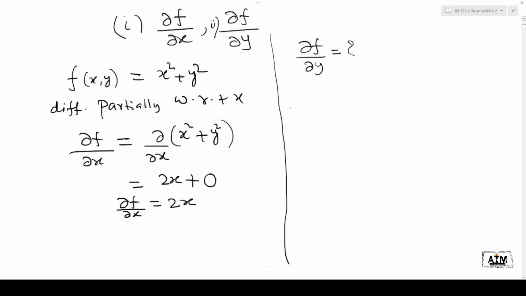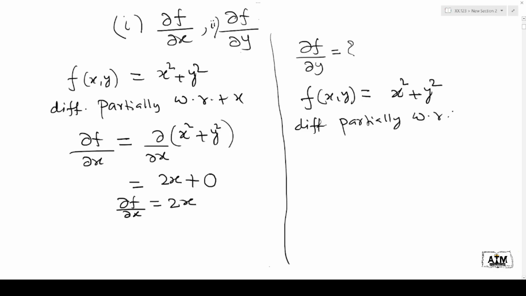Similarly, if you wish to find out dou f by dou y, that is the partial derivative of f with respect to y, first of all, we write down the given question as it is. Then differentiating partially with respect to y.